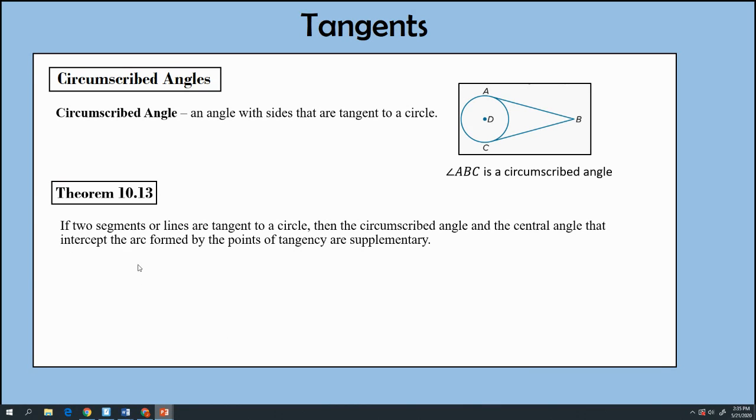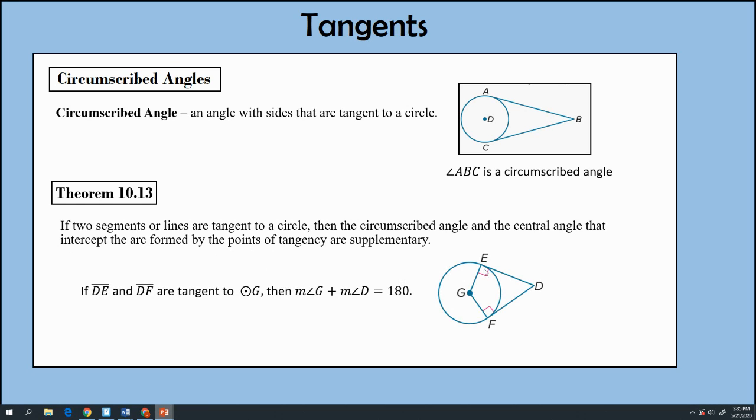It says if two segments or lines are tangent to a circle, then the circumscribed angle and the central angle that intercept the arc formed by the points of tangency are supplementary. Let that marinate a little bit. And when I show you this diagram, hopefully that makes a whole lot of sense.